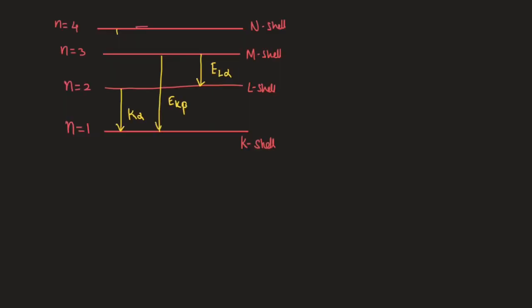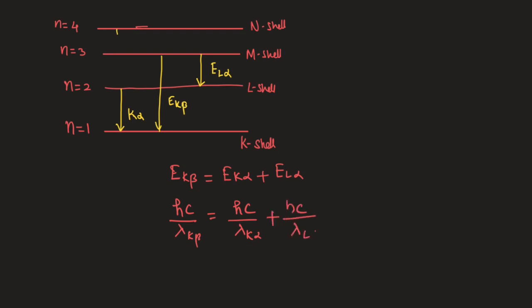Now the relation between their wavelengths. For example, you can write here E K beta. If you look at this diagram, E K beta is equal to E K alpha plus E L alpha. It means I can write hc divided by lambda K beta is equal to hc divided by lambda K alpha plus hc divided by lambda L alpha.